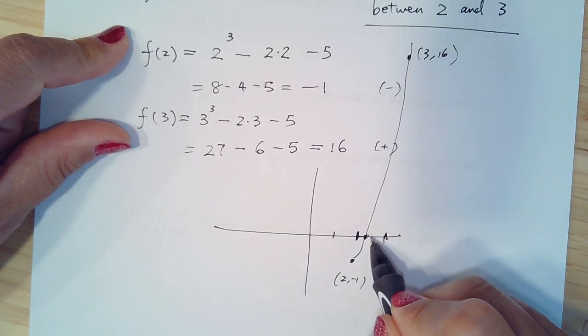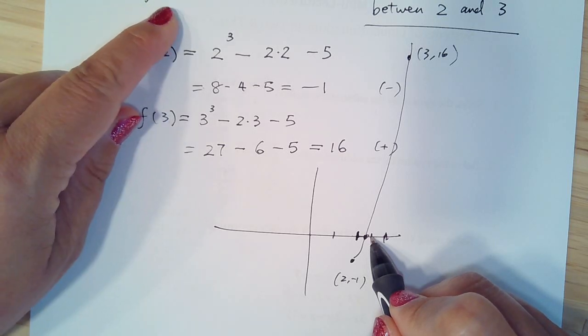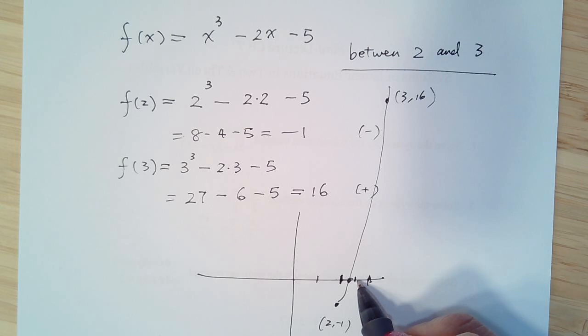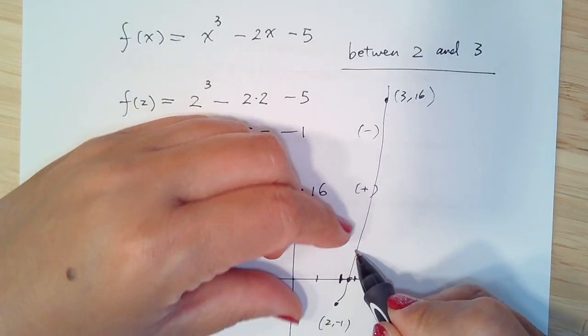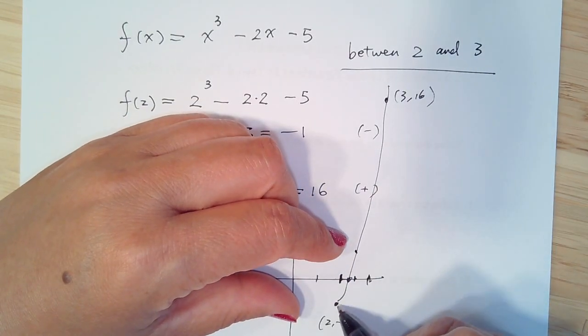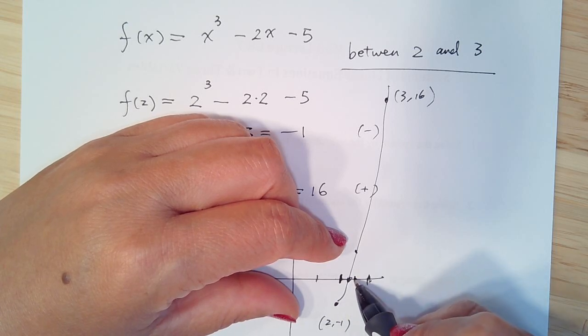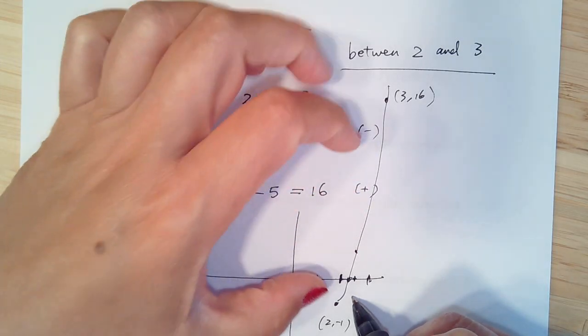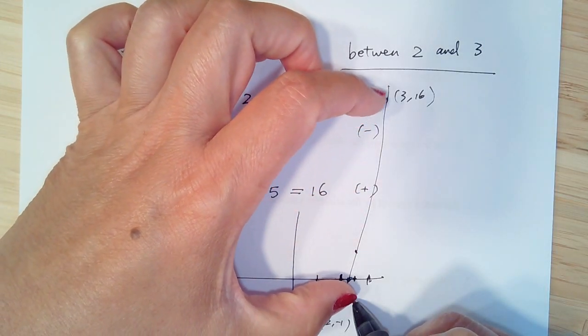Next, you choose the value in the middle, which is 2.5. You plug 2.5 into the function to see whether it's positive or negative. If it's positive, then there is a solution between 2 and 2.5. You see what I'm saying? And if when x equals 2.5 you get a negative value, then the 0 should be between 2.5 and 3.